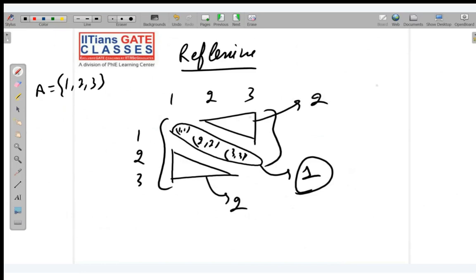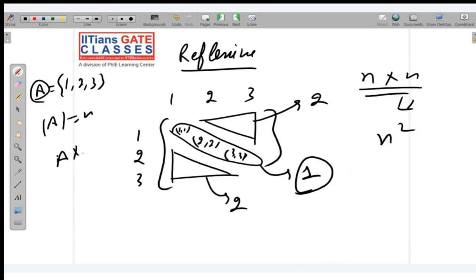If we have an n cross n matrix, total elements will be n square. If set A has n elements, then A cross A will have n square elements. We can check this from the matrix also. From these n square elements, how many are in the principal diagonal? Only n elements.